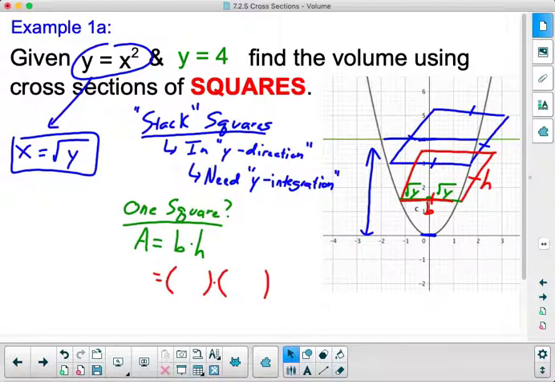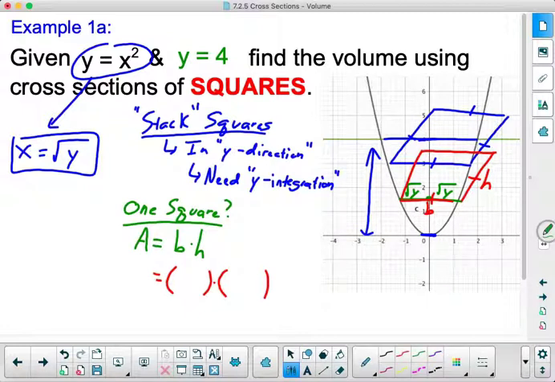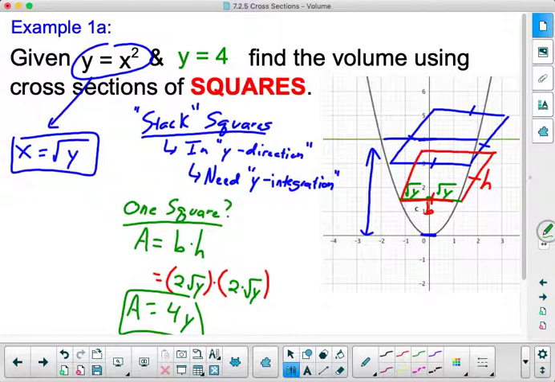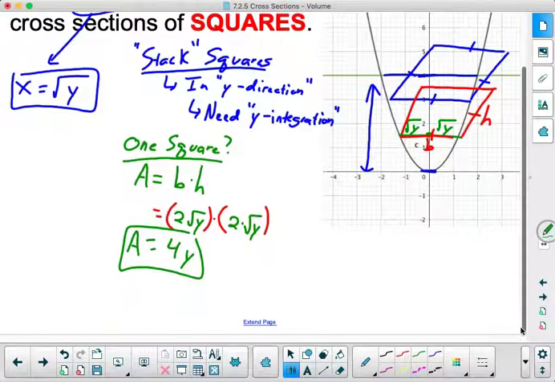Really what that's going to come out to be is, I have 2 square roots of y times 2 square roots of y, or 2 square roots of y squared, which is really going to give me 4y for the area of just one square. Does that make sense? So again, it's base times height, or you could just say my base squared or side squared, because squares are squares.